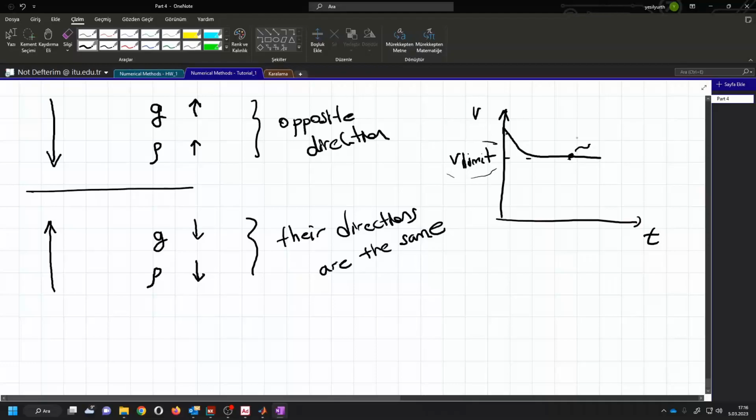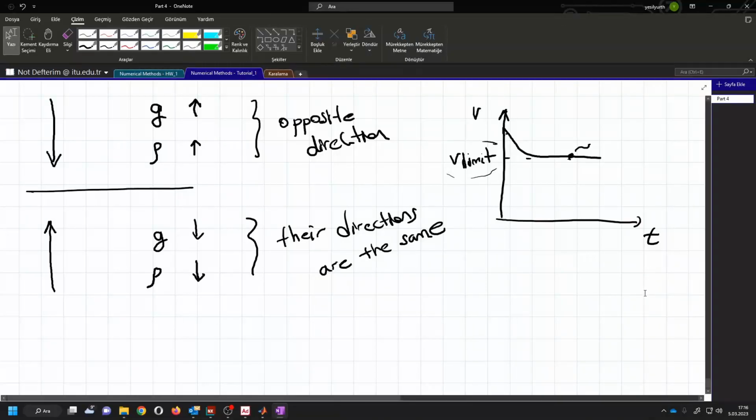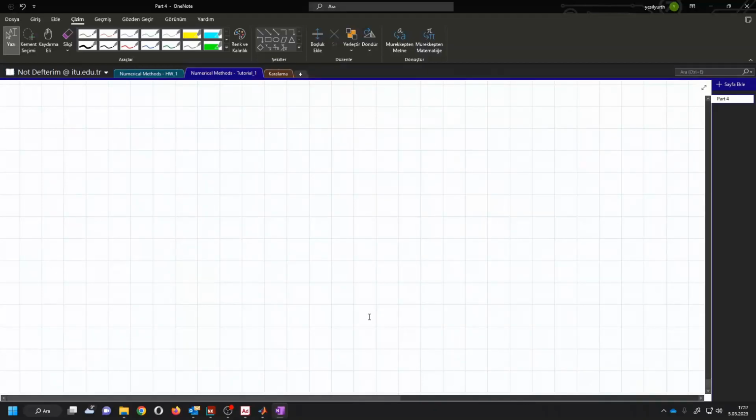So to implement this story to our model, to modify our numerical solver, I will use two equations. One will be the air density formula with respect to the altitude, which will be like this.